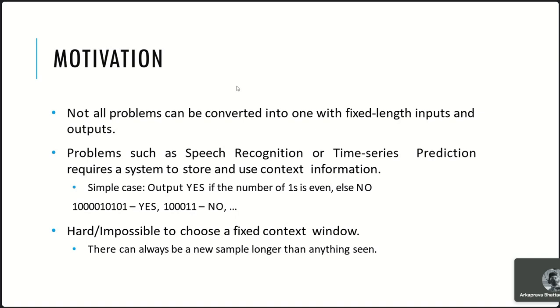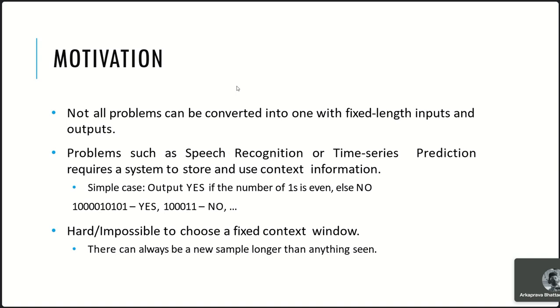What are we trying to talk about in the context? A normal ANN doesn't have this feature of storing information. That is, it doesn't have a component called memory.